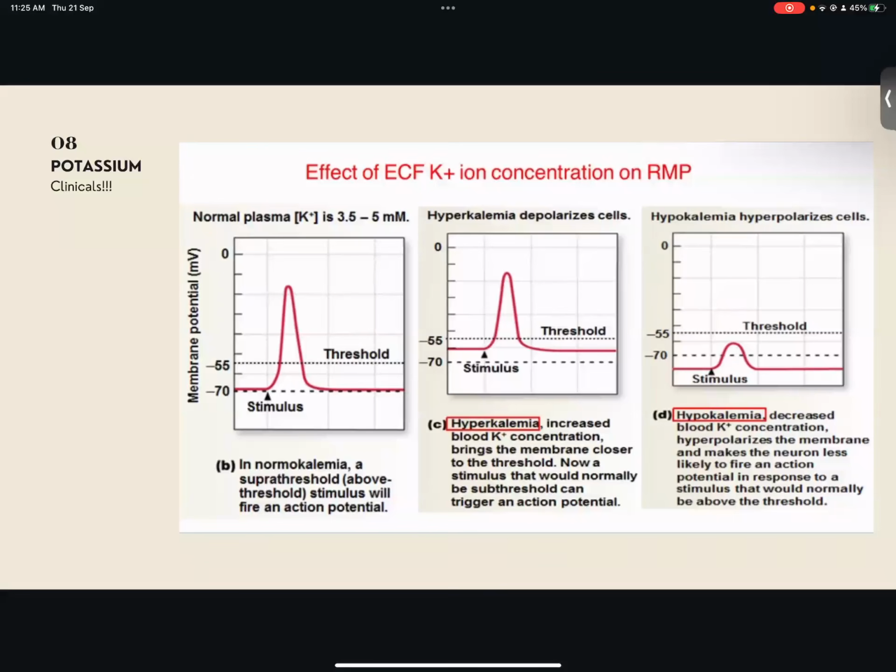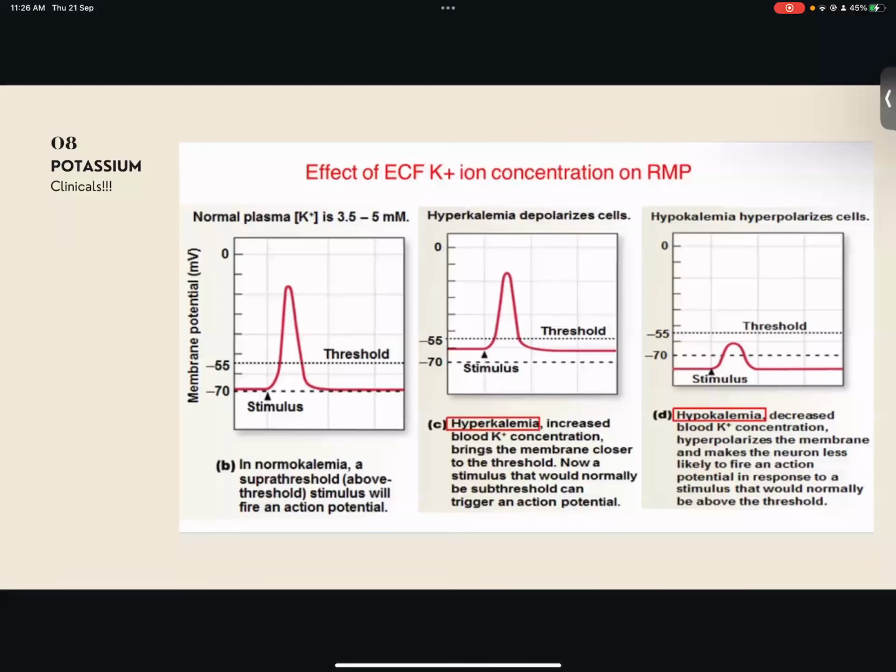So again, normal kalemia, normal potassium levels outside of the cell in the blood. Any stimulus that's suprathreshold will cause an action potential. In hyperkalemia, which is increased potassium outside of the cell, it will bring the membrane up closer to the threshold. It will depolarize it slightly, and any stimulus that would normally be subthreshold will cause an action potential.